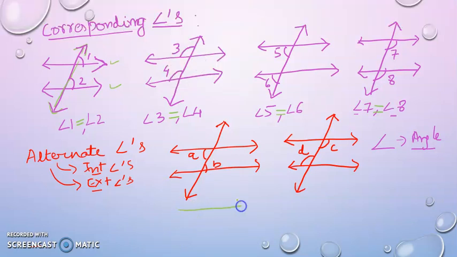Now if I take these two parallel lines and draw this transversal, now see the words alternate and exterior.